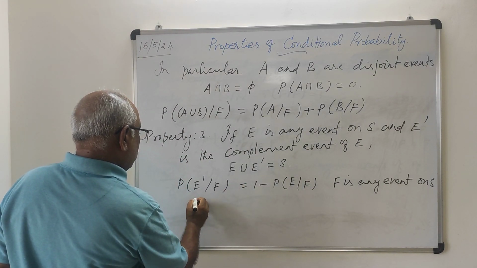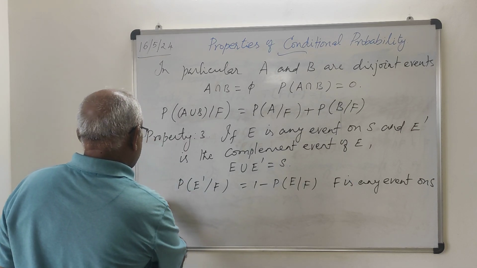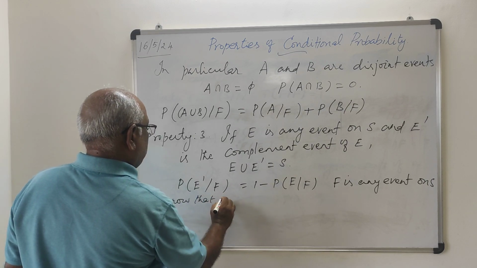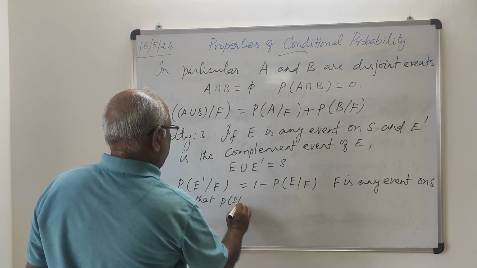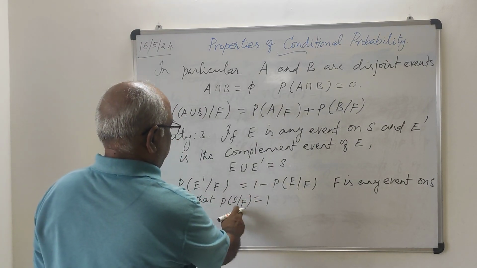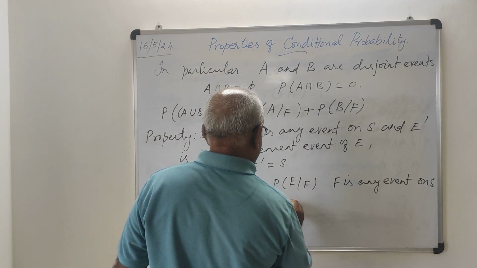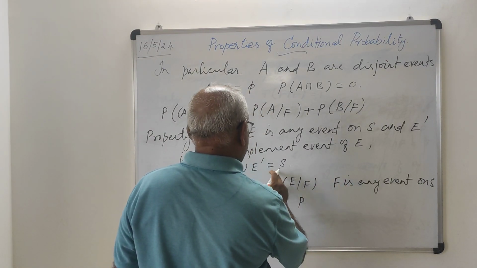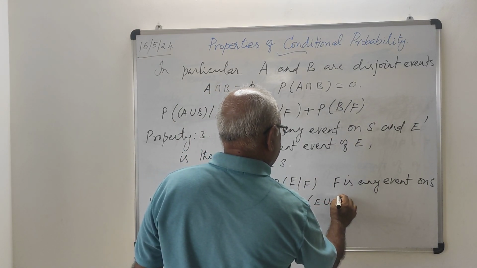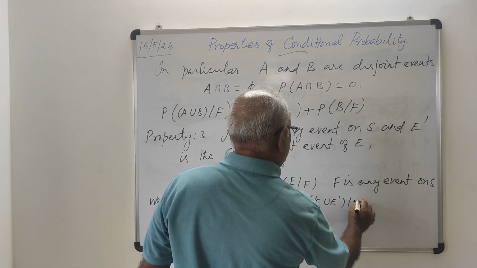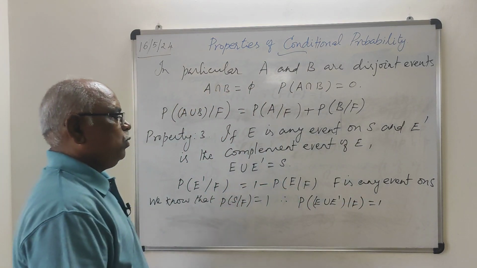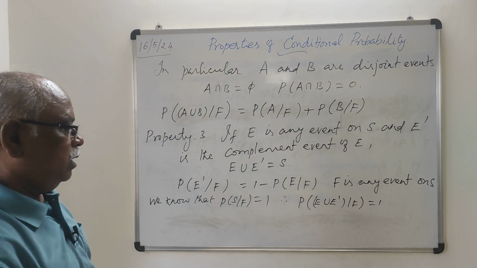We know that P of S slash F is equal to 1. That's our first property. Therefore, S can be replaced by E union E dash, so P of E union E dash slash F is equal to 1.